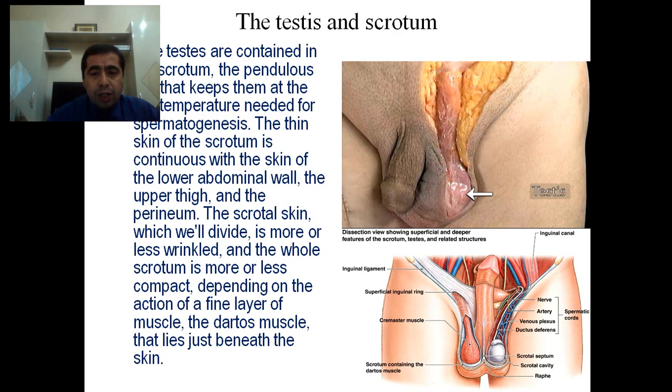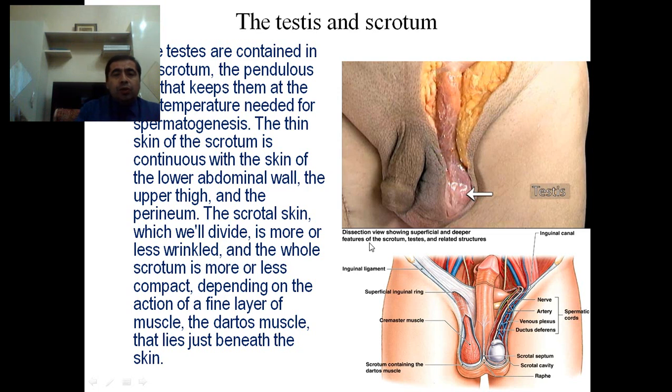The testis and the scrotum. In this picture you are looking at the preparation of the testis. The scrotum is also dissected, and you are looking at the testis with its coverings and the ductus deferens, which passes into the spermatic cord.